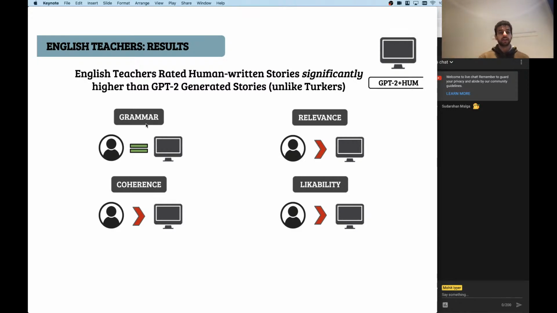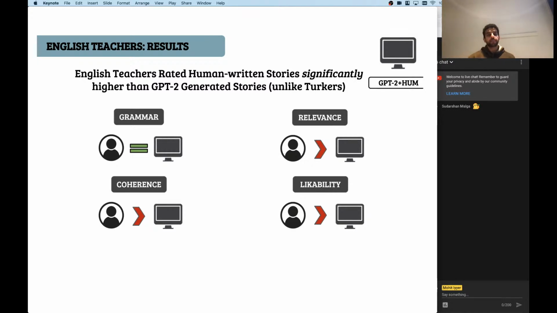So while grammaticality was about equal, which is kind of expected because the pre-trained language models don't make that many obvious grammatical errors anymore, and also humans on Reddit make a lot of grammatical errors. But in coherence, relevance, and likability, the human-written stories were significantly higher than machine-generated stories.